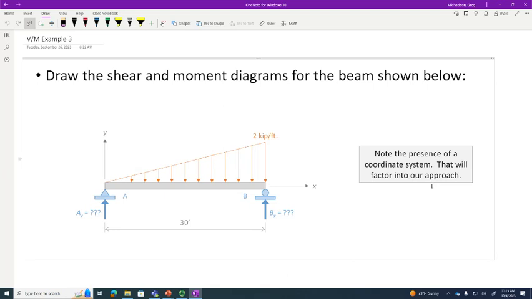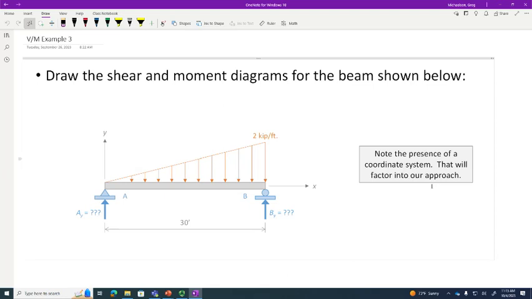I haven't done that yet, okay? So we need to compute the support reactions, and we need to see if we can construct the shear and moment diagrams. We're going to see something kind of interesting with this, okay? But before we do that, let's walk before we run. Let's see if we can determine the support reactions, okay?